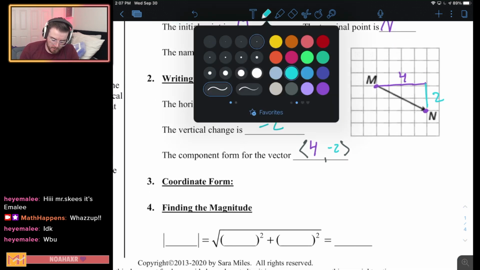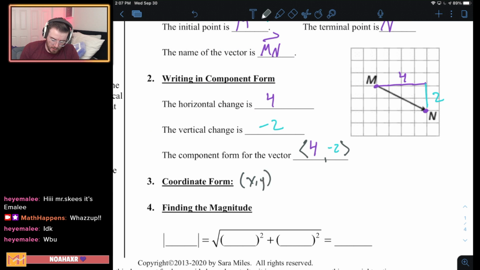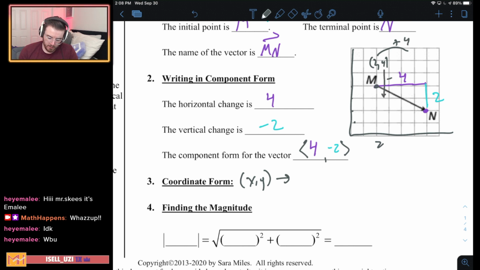And in coordinate form, what would this look like? Well, how is M traveling to N? This is a coordinate right here. You realize that, right? If this is the coordinate plane, this would be at 2, 1, 2, 3, 4. M is at (2, 4). And if you add 4 to that and subtract 2 from that, you're going to end up at N, which is (6, 2). 1, 2, 3, 4, 5, 6, up 2.